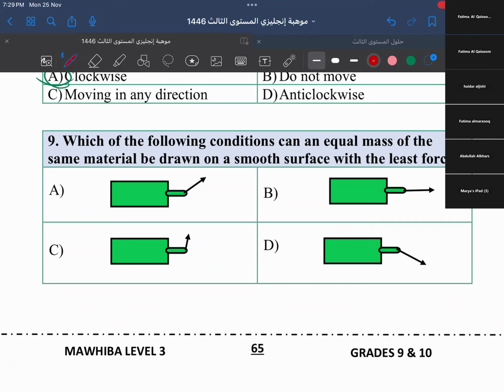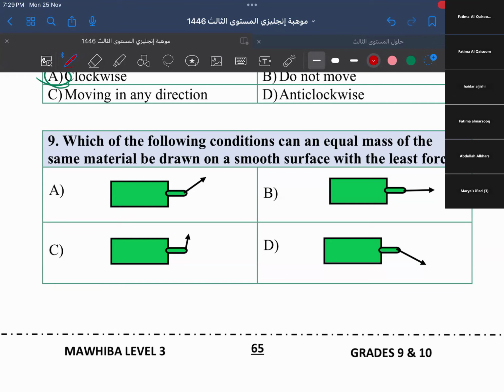Yeah, so what do you think it's going to be? Miss, I don't understand the question. You don't understand the question? No. Okay, so they're asking basically if I have a box and I am dragging it, which one would be the easiest way, so that I'm not going to use much force?